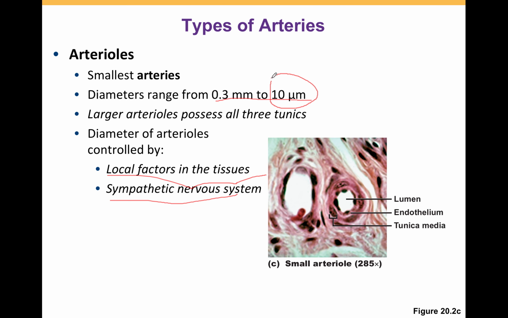So for these blood vessels, you definitely need microscopes if you want to be able to observe them if they are in the lower range of the diameter. Now, similar to what we discussed, they will contain all three layers or tunics, but the muscular layer would be a more pronounced layer for the tissue, as you're observing right here.